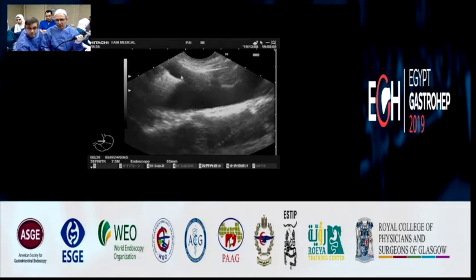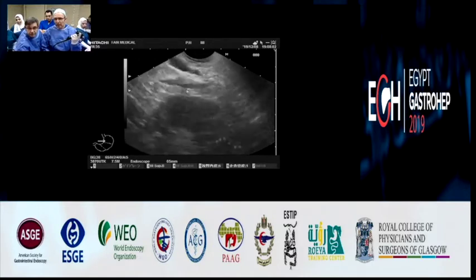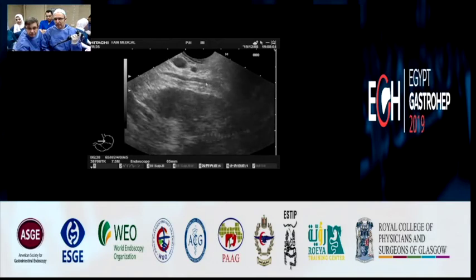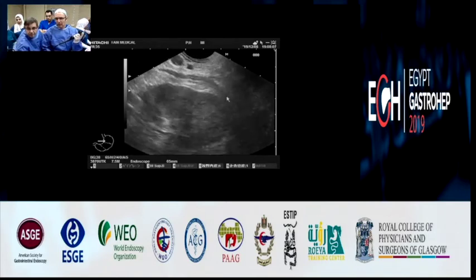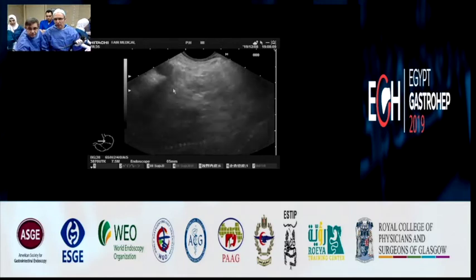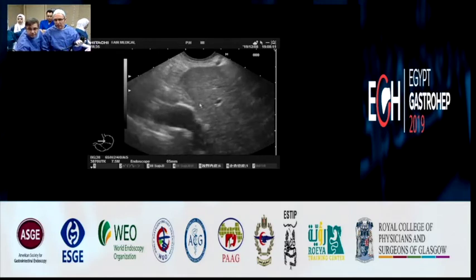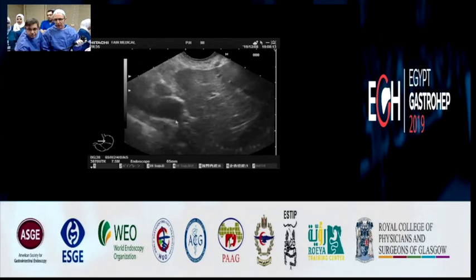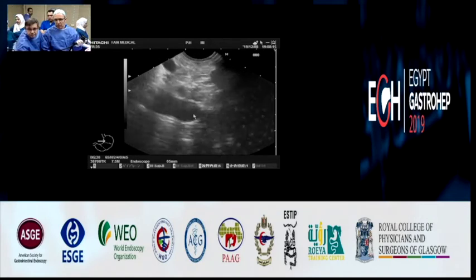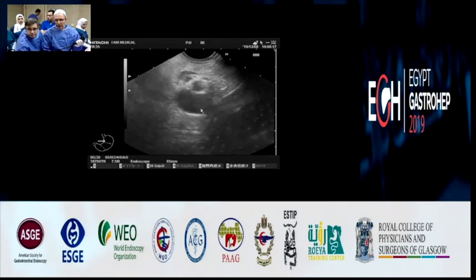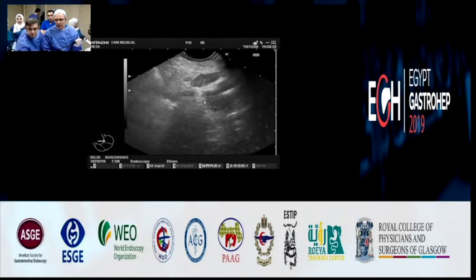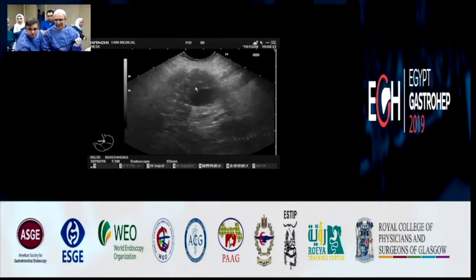If I give a right rotation, I see the adrenal gland. If I do a counterclockwise rotation, usually I see the porta hepatis, the portal vein.